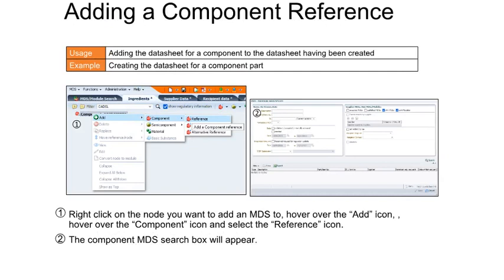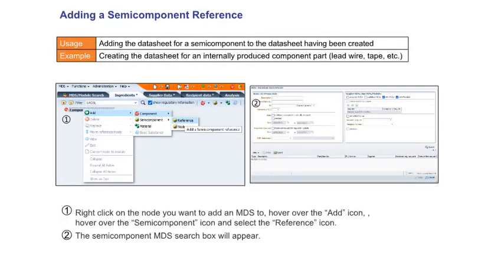Adding a component reference. Right-click on the node you want to add an MDS to, hover over the Add icon, hover over the Component icon and select the Reference icon. The Component MDS search box will appear. Adding a semi-component reference.